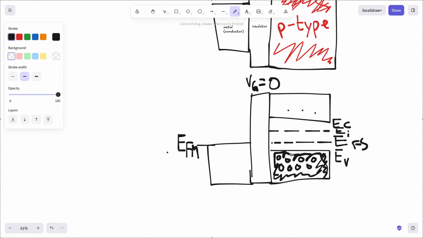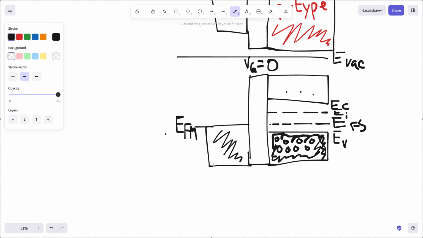Now we're going to label some of the key components. One more energy level is the vacuum energy, which we'll label up here, E vacuum.